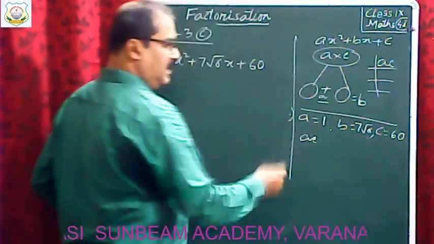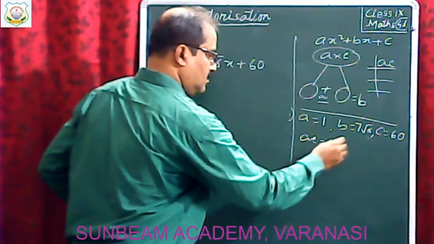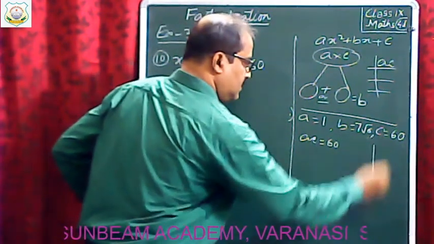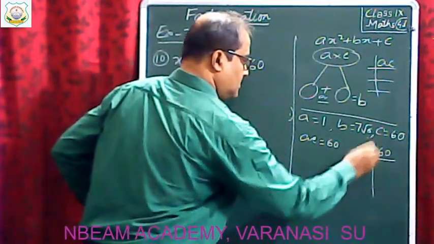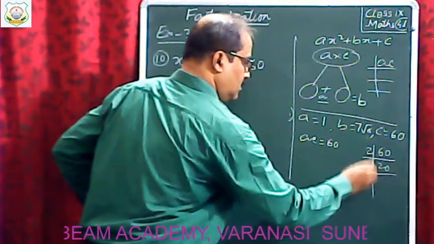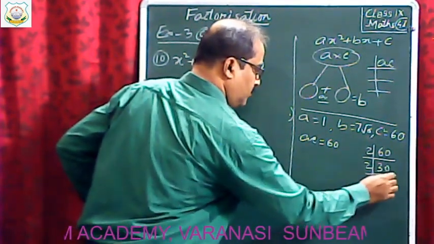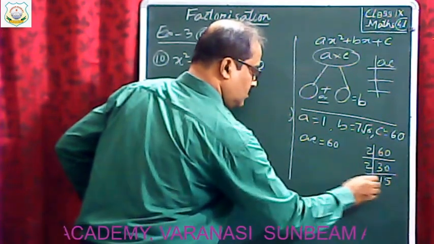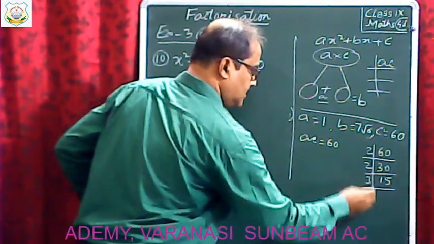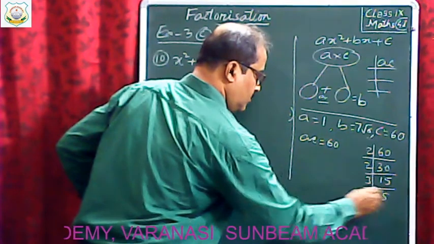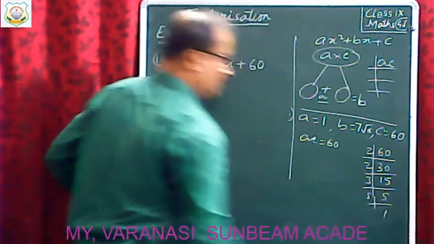The product of AC is 60. You have to factorize 60: 2, 20, 2, 30, 2, 15, 3, 5, 1.